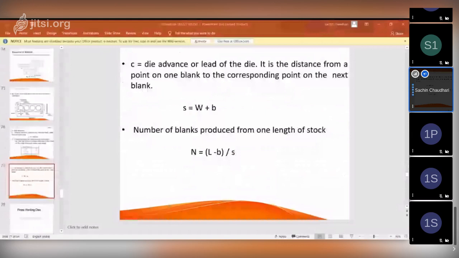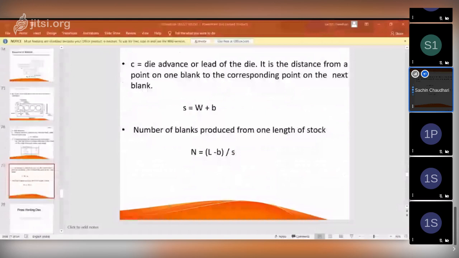Write it down, whoever can write. We can denote it by any x or y. Scrap is equal to L, the total length of strip, minus in brackets ns, where n is the number of blanks, s is the feed, plus b, the scrap bridge.